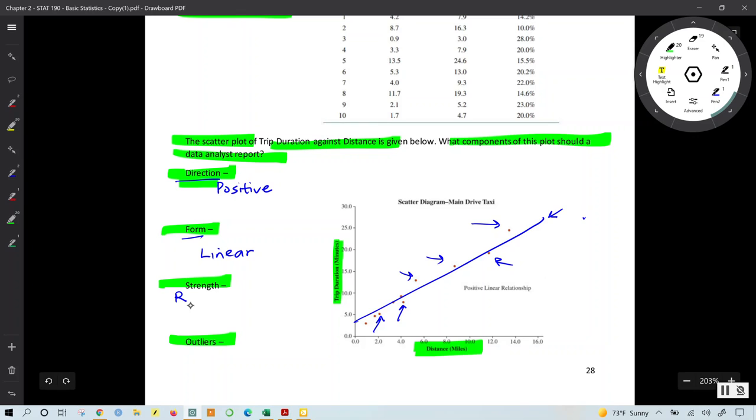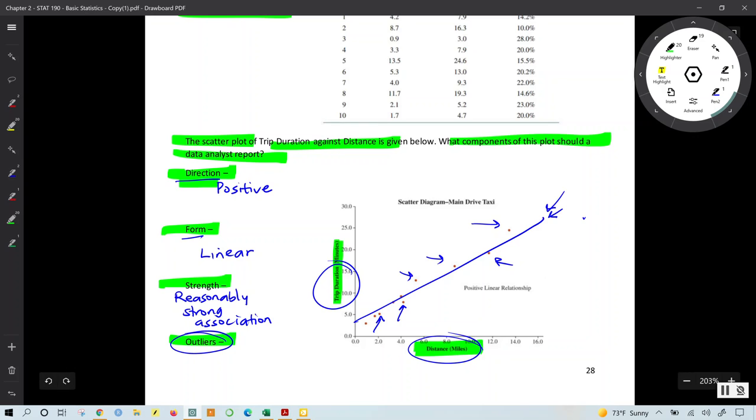And I can say that most of these points are very close to this linear line that approximates the relationship between trip duration and distance. So I can say a reasonably strong relationship or association, and that is because the points are clustered together.